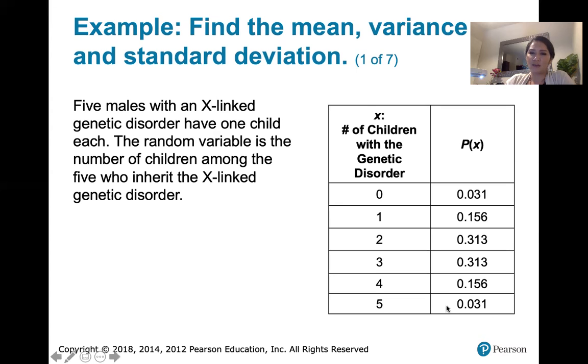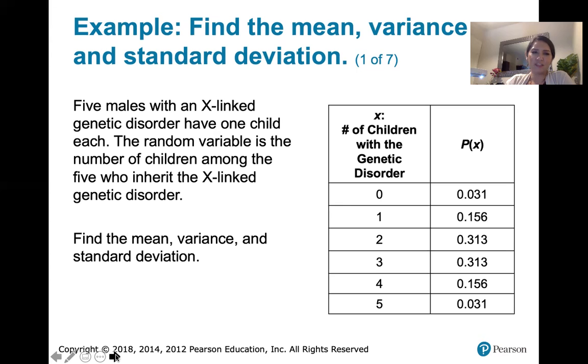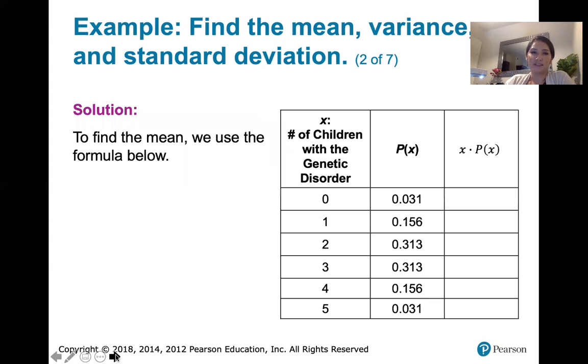And these are the corresponding probabilities. We saw these when we were looking at probability distributions in the last learning outcome. Now we're just asked to find the mean, the variance, and the standard deviation. So we're going to use our formulas. To find the mean, we're going to use this formula. In order to use this formula, if I've got x's and probabilities, I'm going to add a column to my table.